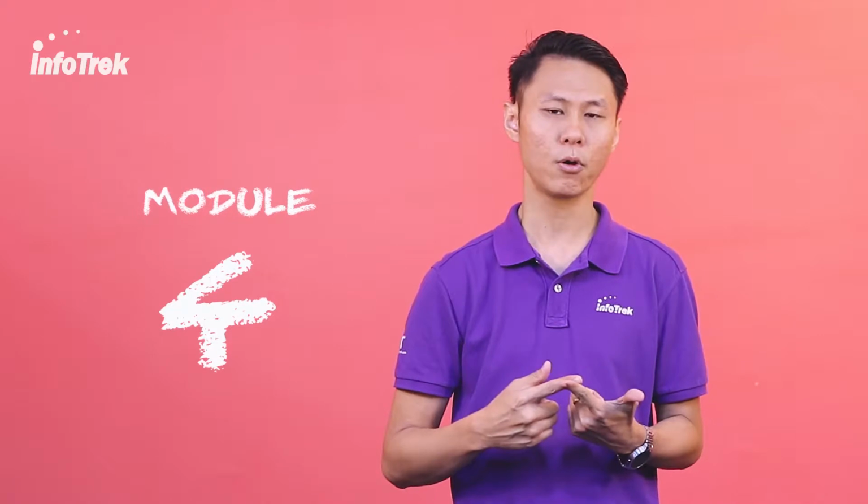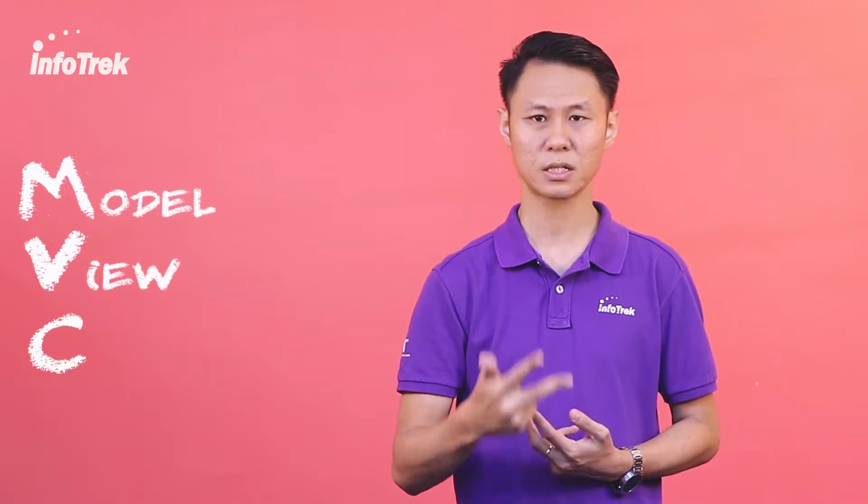Which will definitely bring us to the 3 most important modules in this course. Modules 3, 4, and 5 will give you deeper insights into the actual components of MVC. M is model, V is view, and C is controllers.